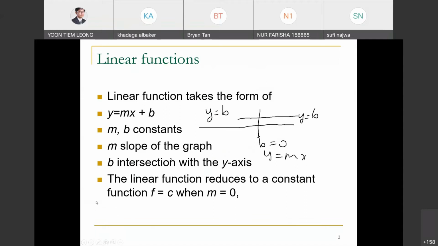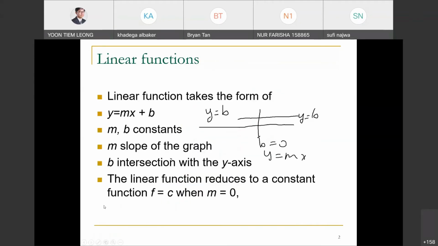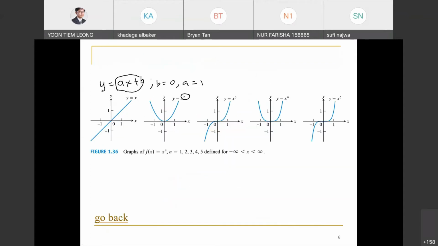The general form of a linear function is like this. It is a straight line where the slope is m and the intercept on the y-axis is b. Whereas for a power function, you should recognize the shape of the function.